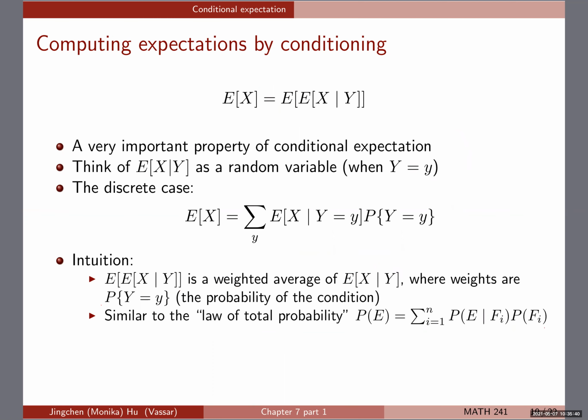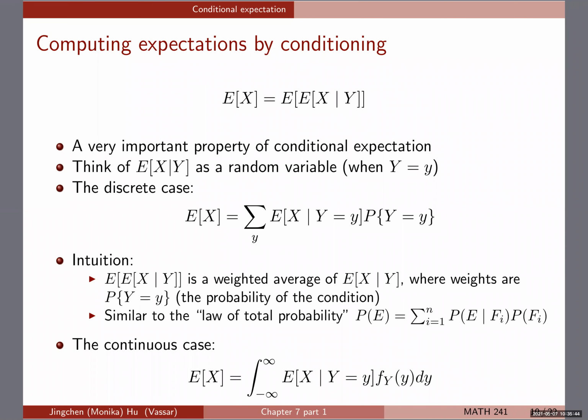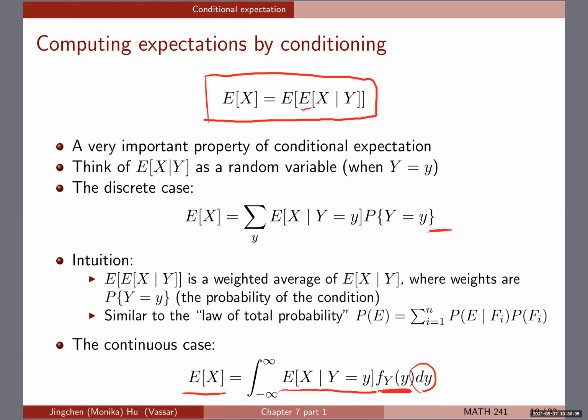Lastly, you might be wondering what the continuous case would be, and this is very straightforward. Following from this part over here, we have the conditional expectation multiplied with the marginal PDF of y, integrate with respect to y, and we come back to the expectation of x. Again, it's very important to think through what these two expectations are about.